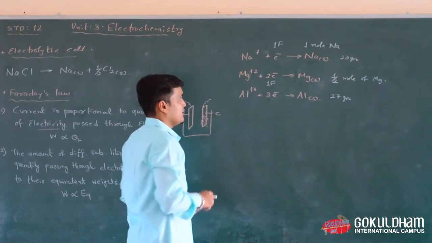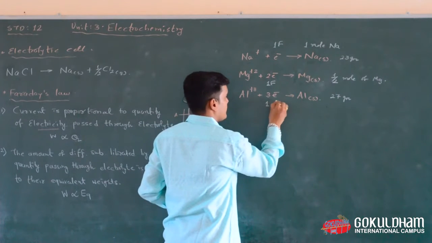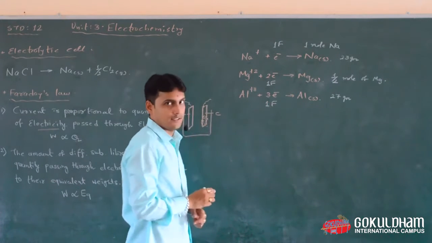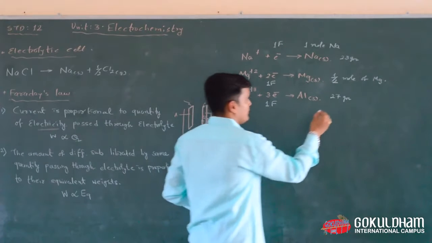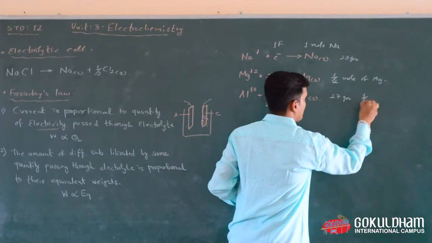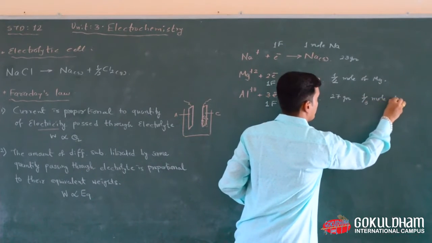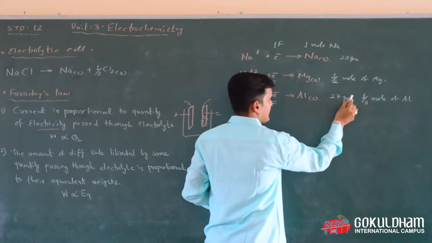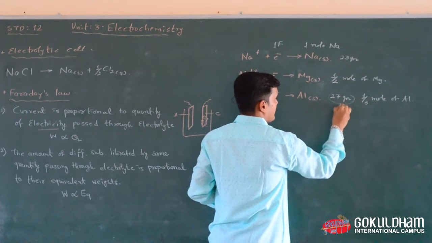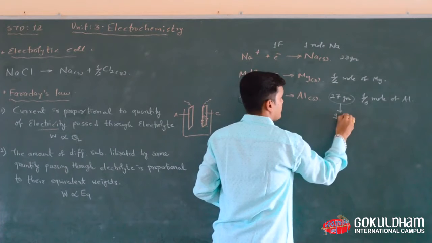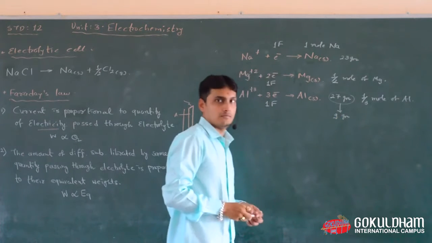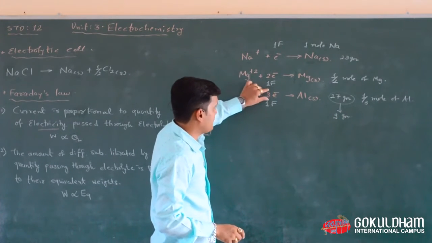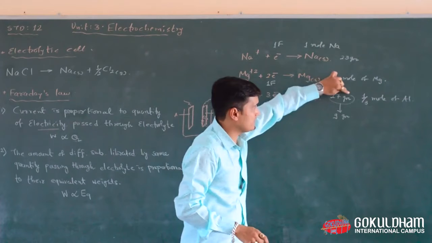In the third case, we apply the same quantity of current, 1 Faraday, and you will get 1/3 mole of aluminium. So you will get 9 gram in place of 27 gram. If we apply 3 Faraday, then you will get 27 gram.